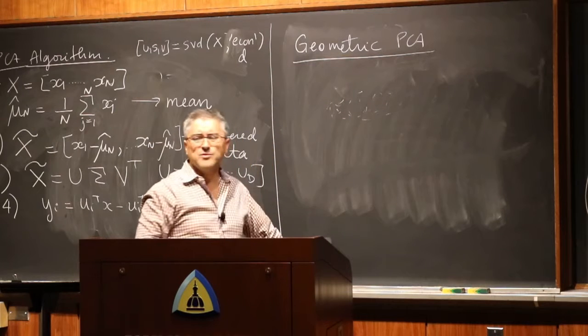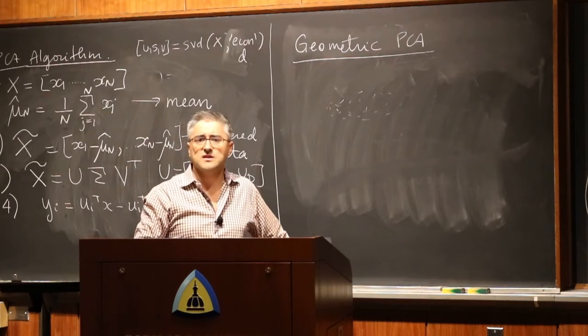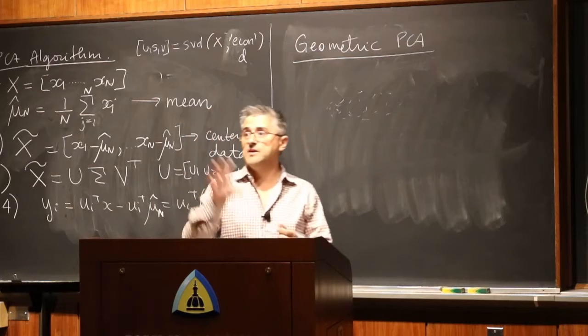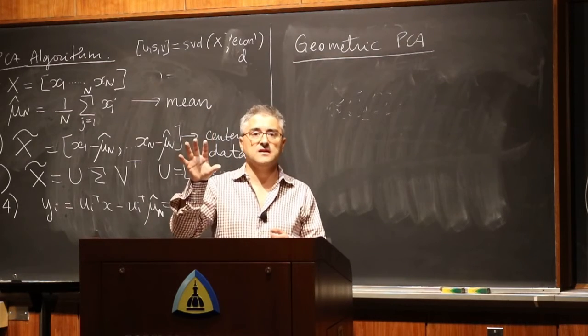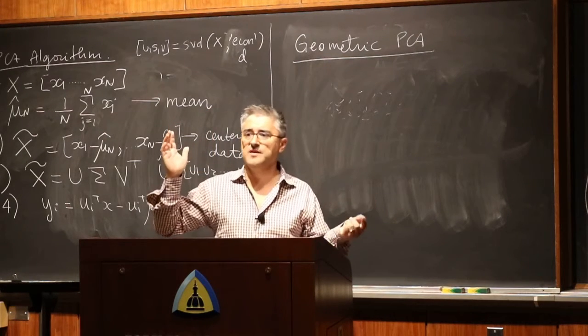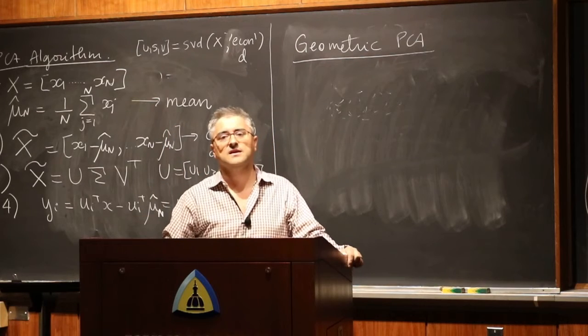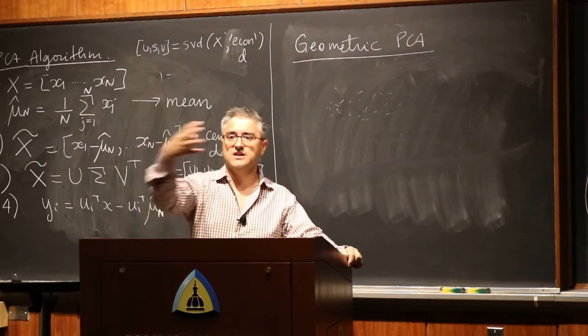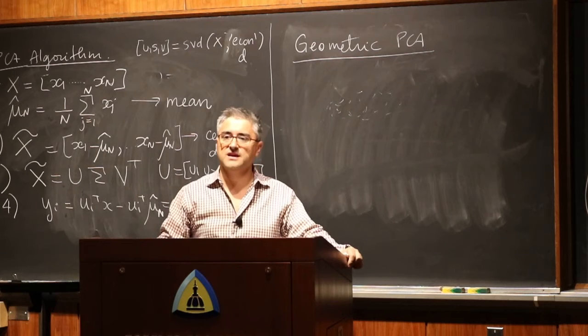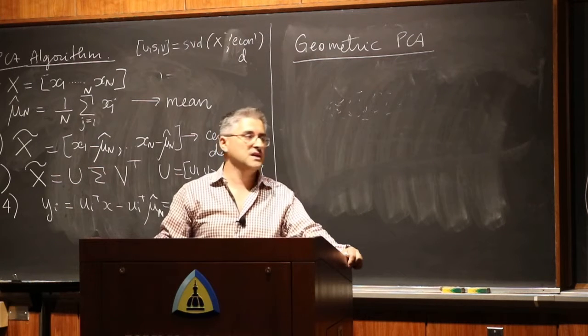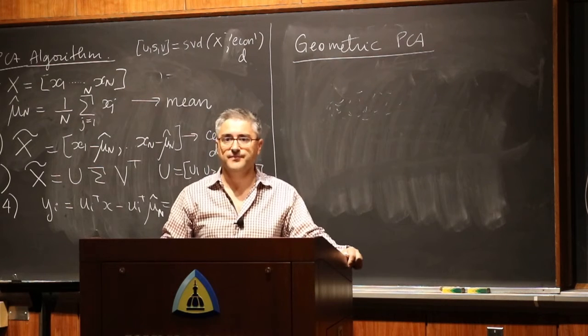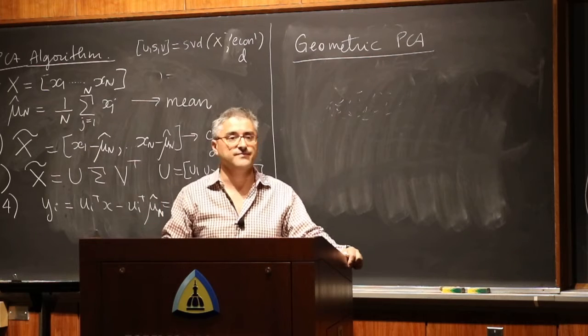I motivated this at the beginning of the first lecture. If you take pictures of a face and you change the lighting conditions, the dimension is millions and millions of pixels, but there are only 3 degrees of freedom, which is just the orientation of the light. And if I move my head, I only have 1 degree of freedom, just the rotation.